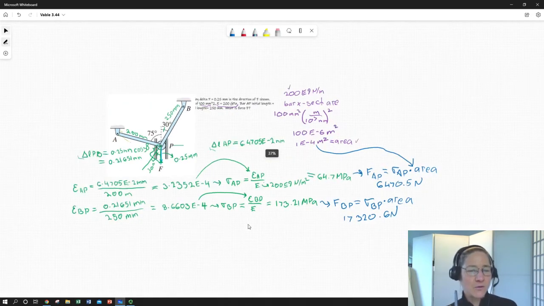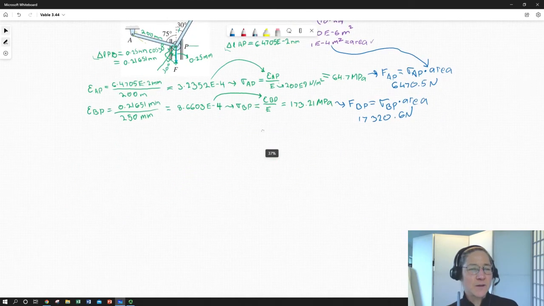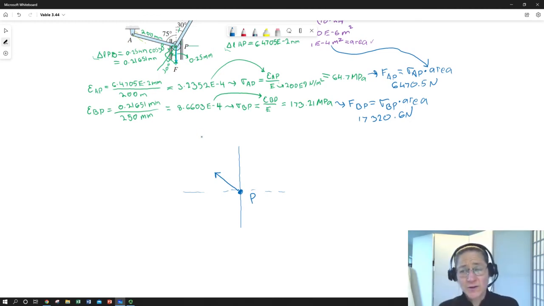So now all we have to do is apply a free body diagram. I'll stay in blue for our FBD. So we look in the vertical, and we can basically do an FBD of point P, and say we have a force pulling backwards, because we've put both of the bars in tensile stress. They've stretched.